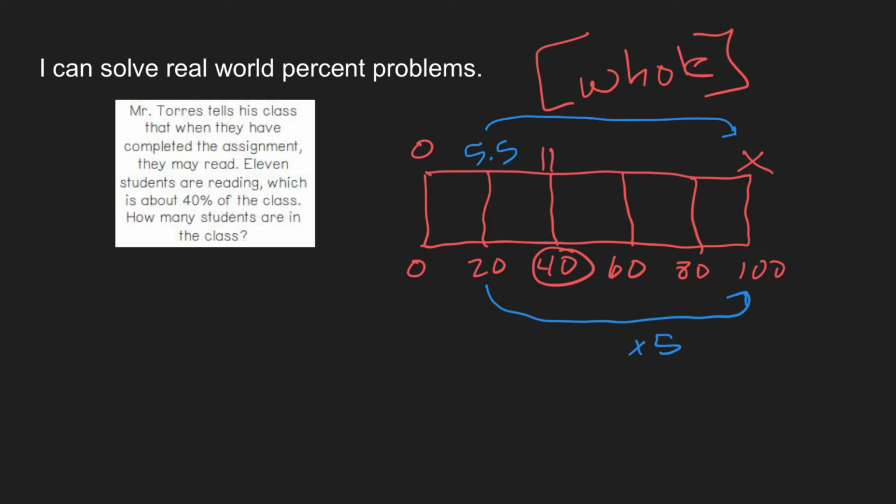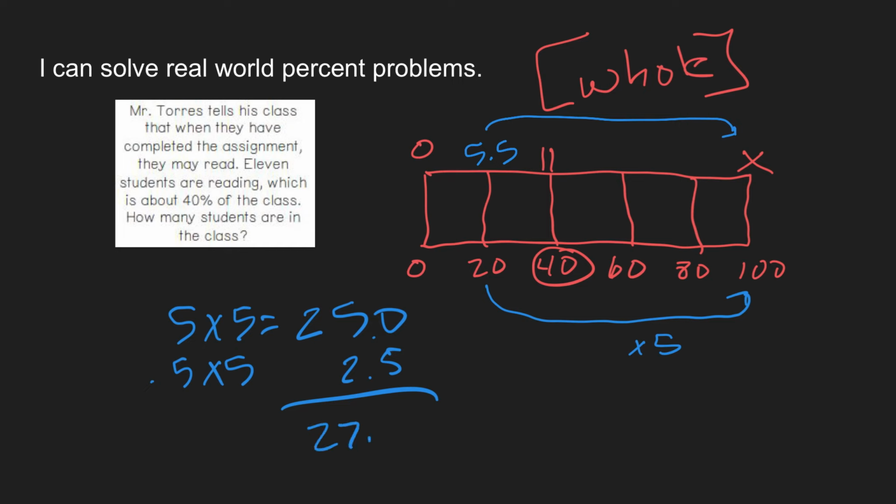So 5.5 times 5, well, 5 times 5 is 25, and a half times 5 is 2.5. So I get 27.5, which is about how many students are in the class.